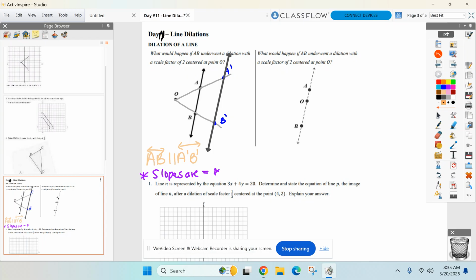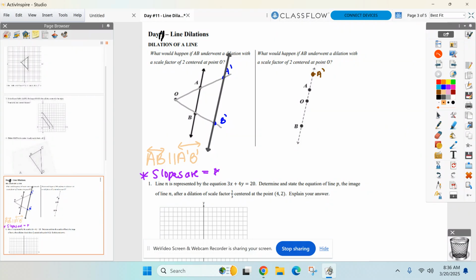O to A has a certain distance. Where do you think A prime is going to be if I double that distance? It should have landed right on that line, right, everybody? You have a point still on that line. Yeah, A prime.